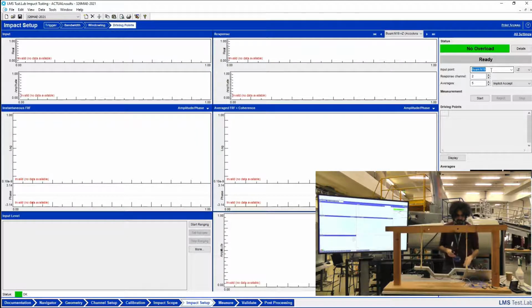Of course, I will not be striking the accelerometer itself.